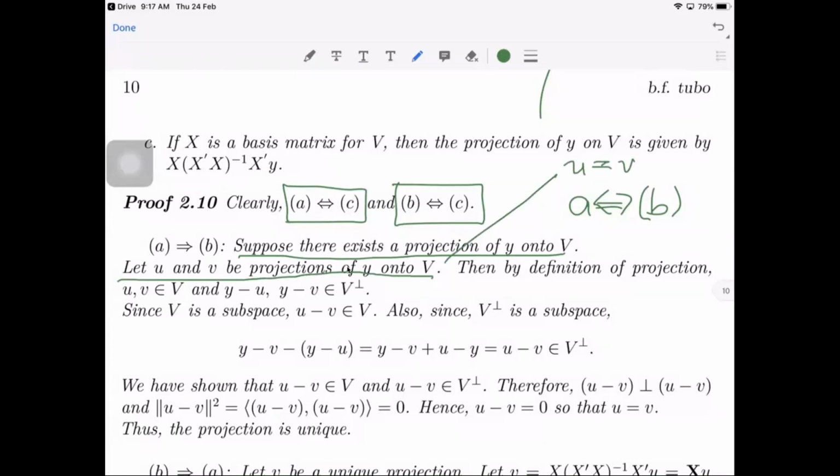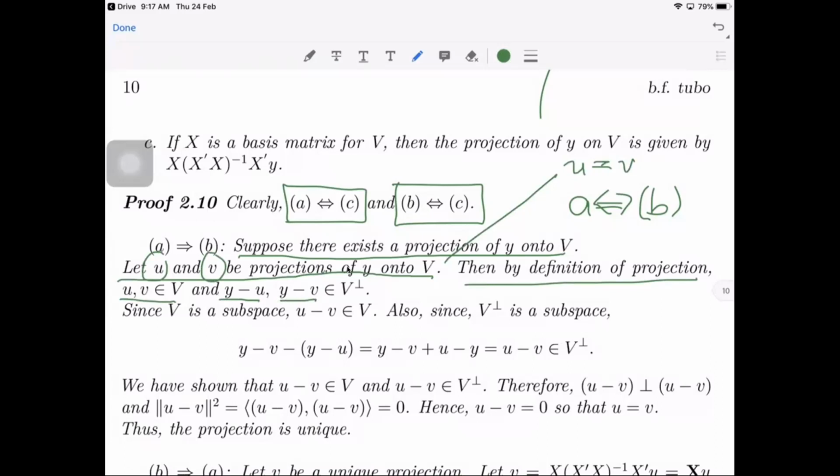Okay. So if U and V are projections of Y unto V, then by definition of projection, both U and V are in the subspace V, and Y minus U and Y minus V are in V perp. That is by definition of projection.